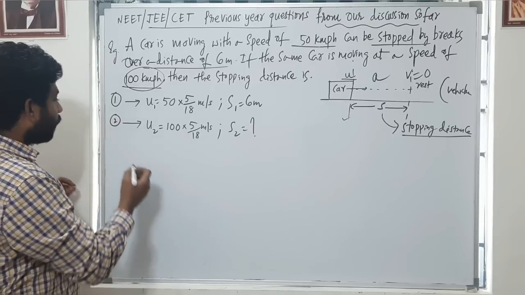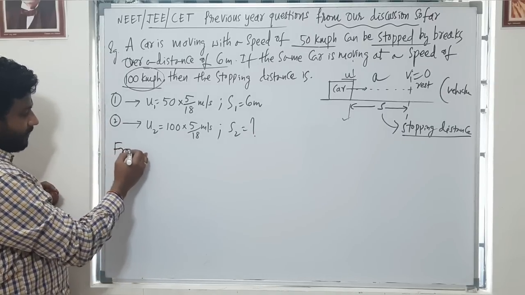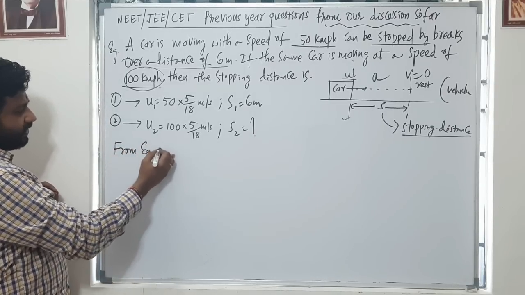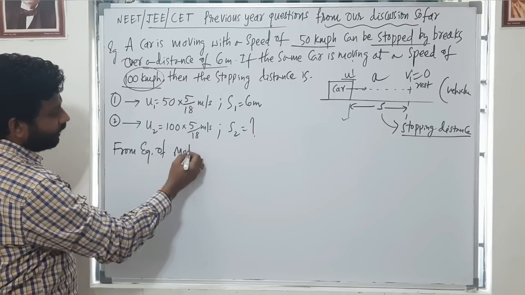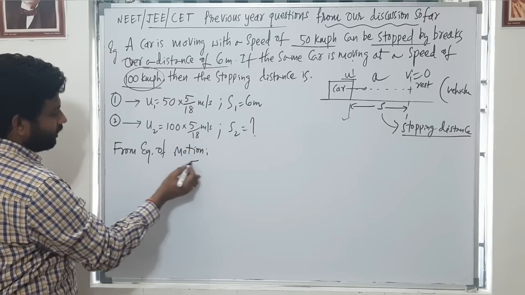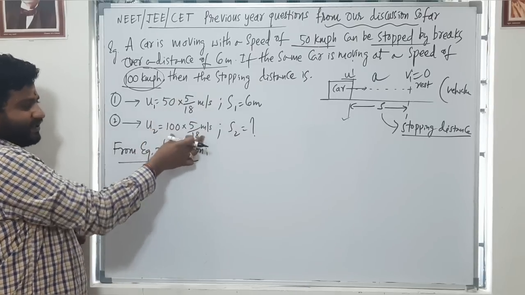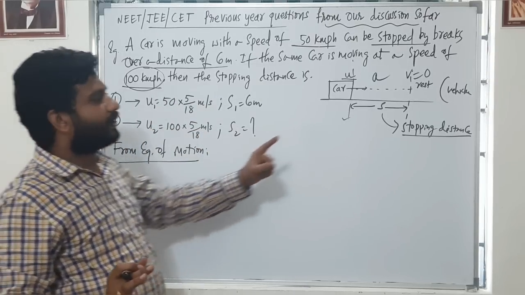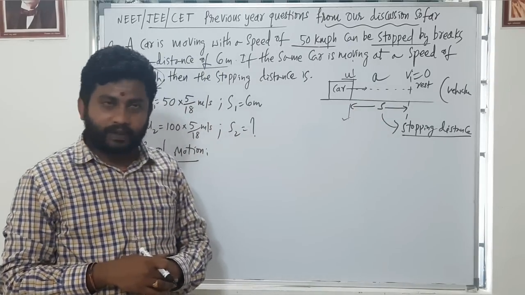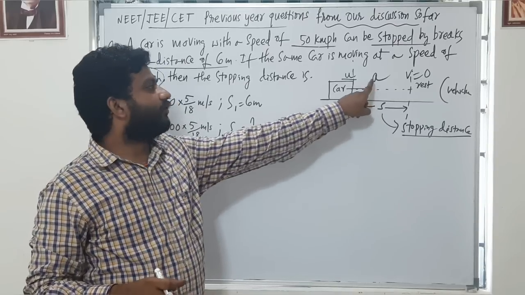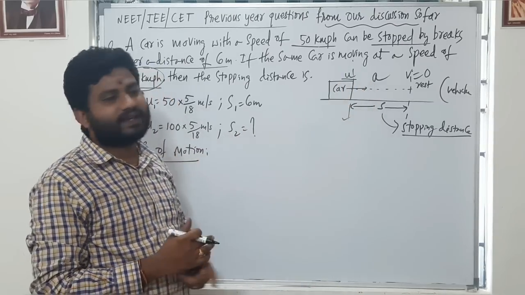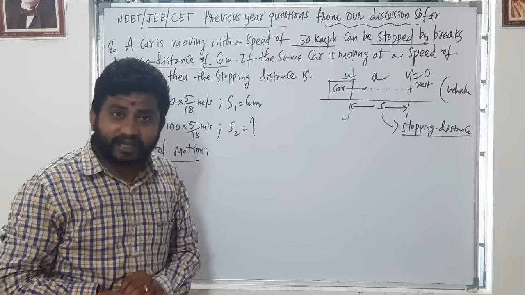Clear? Which equation of motion can I use here? In any case, the final velocity is 0, the displacement is S, the uniform retardation is A, and the initial velocity is U. Is any time mentioned here?